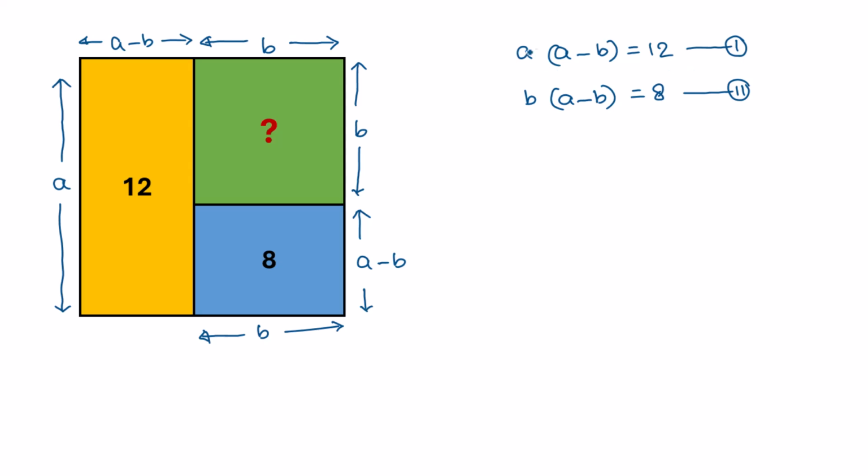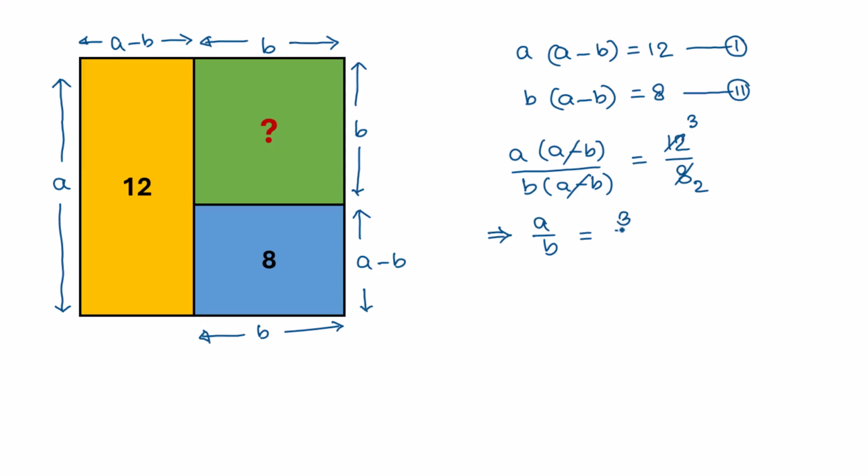Now dividing equation 1 by equation 2, we will get A times (A minus B) from equation 1, divided by B times (A minus B) from equation 2, is equal to 12 over 8, or this A minus B and A minus B will cancel and it will remain A over B. Now simplifying, here 4 is common, so here it will remain 2 and here 3.